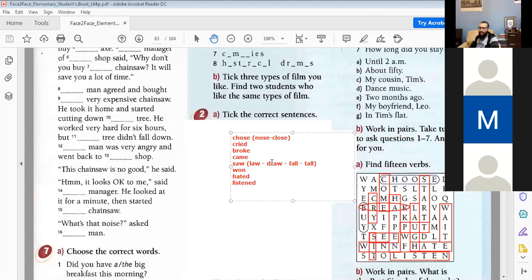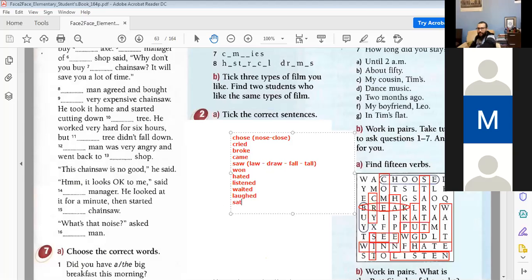What's the past of wait? Waited. Right. What's the past of laugh? Laughed. And what else? I think these are all of them. Sit. What about sit? Put. Sit and put. What about sit? Sat.